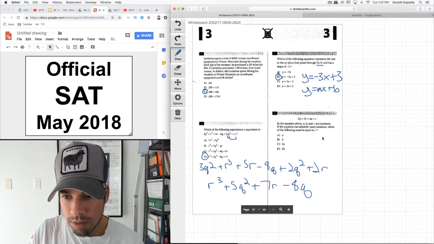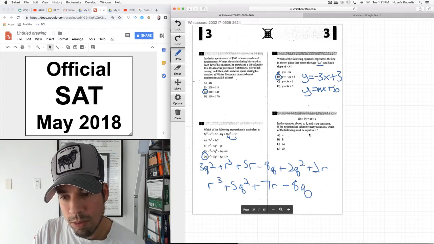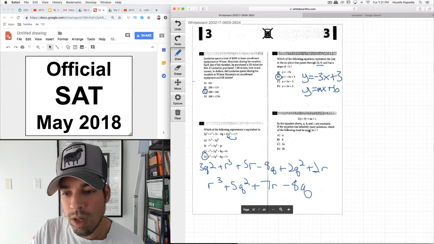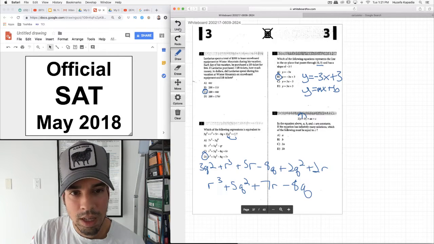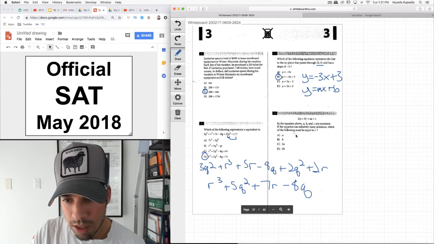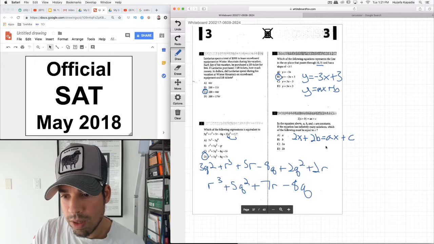In the equation above, a, b, and c are constants, and the equation has infinitely many solutions. Which of the following must be equal to c? This means that the left and right sides must be equivalent. So to figure this out, we see parentheses, just automatically distribute. Don't even think, just do it. That becomes 2x plus 2b equals ax plus c. You see how we have it written like this?